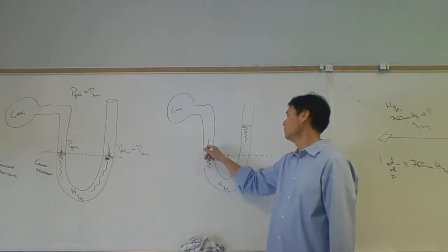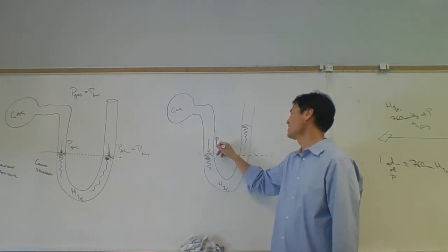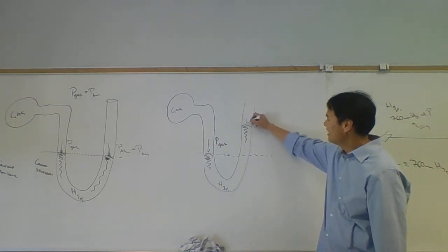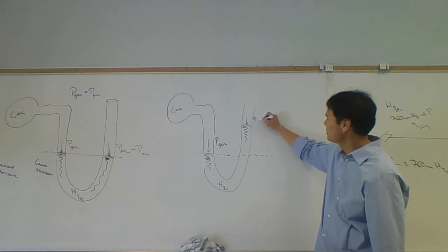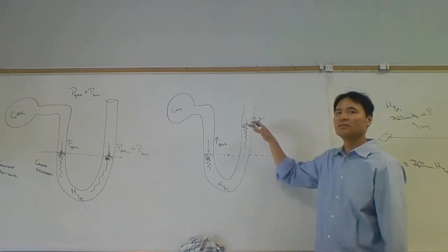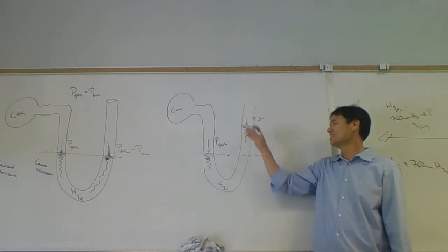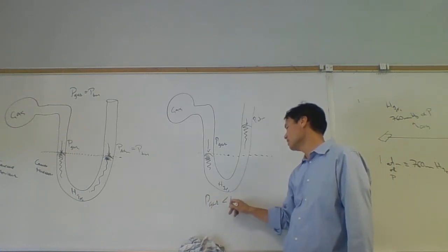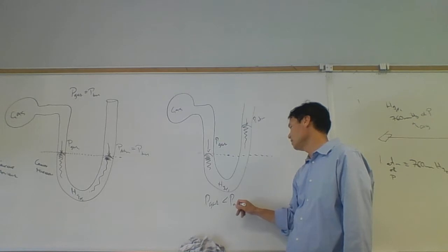And over here, we have the weight of the gas. Well, over on this side, we have the weight of the atmosphere. The weight of the atmosphere wasn't enough. The weight of the atmosphere is too low. So in this case, the pressure of the gas is less than the pressure of the atmosphere, in other words, the barometric pressure.